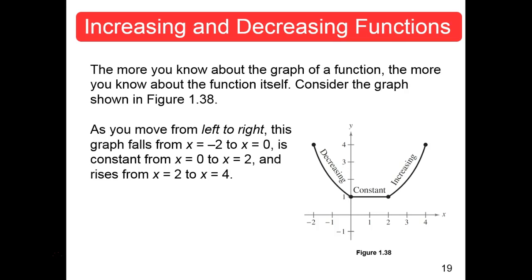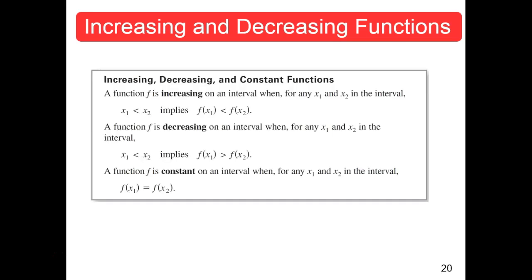That's the turning point, so we don't really worry about it. And the starting points we don't need to worry about either, or the ending points. So this is what we mean by that. You can either be increasing, decreasing, or constant. Easy to see on a graph, isn't it? Pretty much.